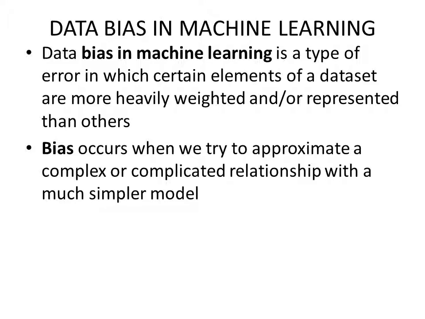The bias error occurs when we try to approximate a complex relationship with a simpler model.